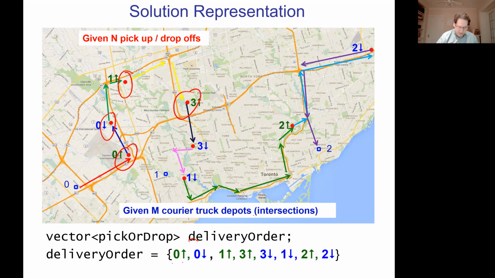That's what's in here: pick up 0, drop off 0, pick up 1, drop off, pick up 3, drop off 3. So this is a much more succinct representation. It's a vector with a little bit of data in every single entry. That's a lot easier and faster for some iterative improvement algorithm to change.